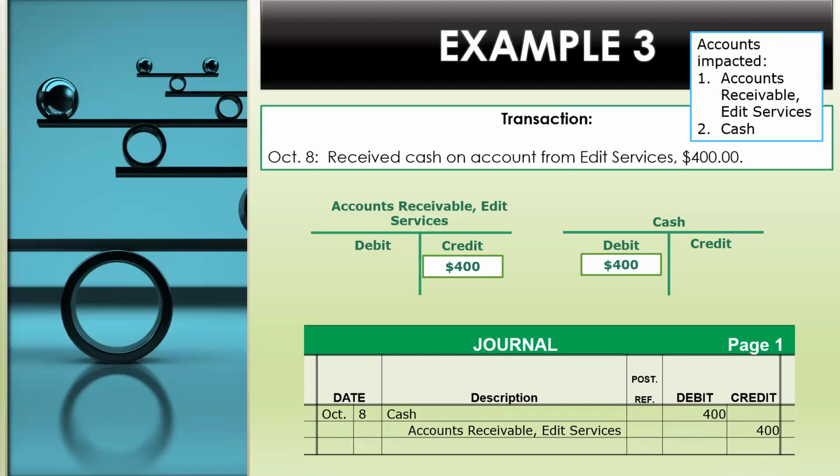First, we enter the description of the debit amount, which is cash, and then over the debit column, we have $400. On the very next line, we have our credit. This is to accounts receivable, Edit Services. Then we go over to the credit column and we enter $400. This transaction impacts 2 accounts. There's a debit and a credit, same amount, $400.